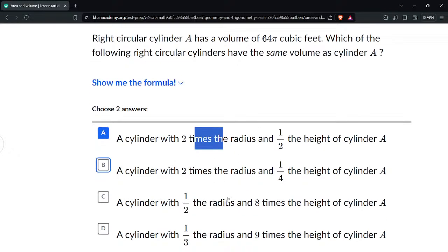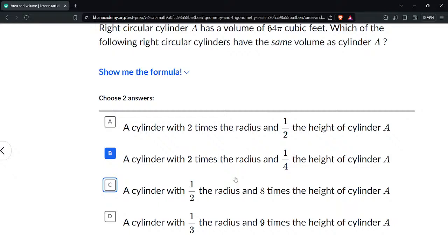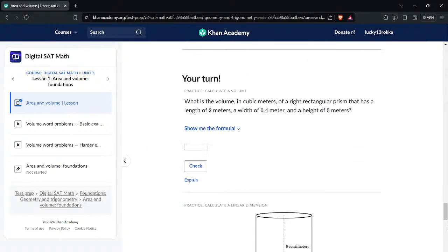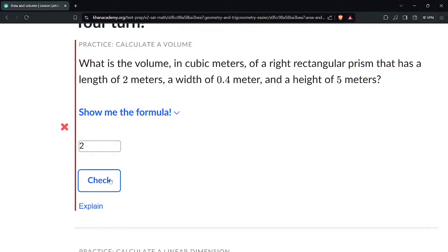Pi r squared, it's right, this is wrong. This is a good answer. There you go. 4 by 3.